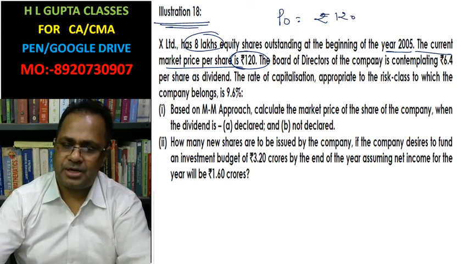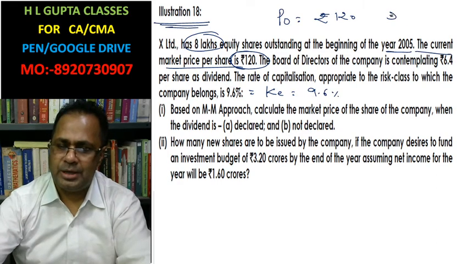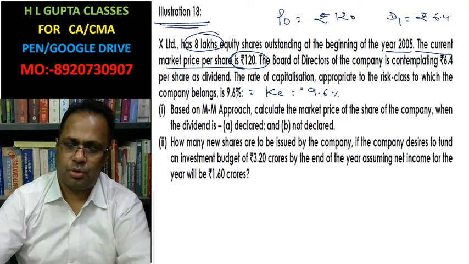The board of directors of the company is contemplating a dividend of 6.4 per share. The rate of capitalization appropriate for the class is 9.6%, that is the cost of equity, and D1, the expected dividend, is rupees 6.4.